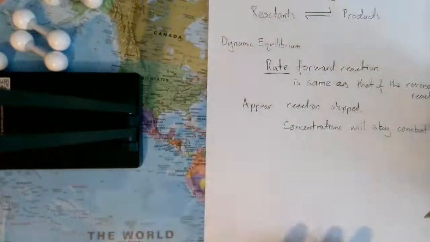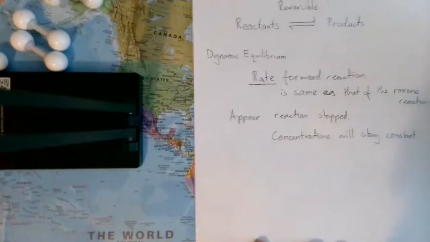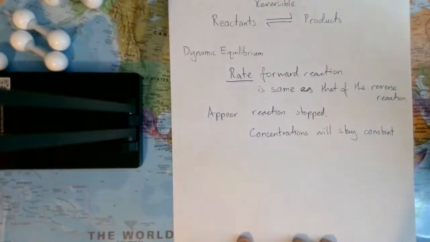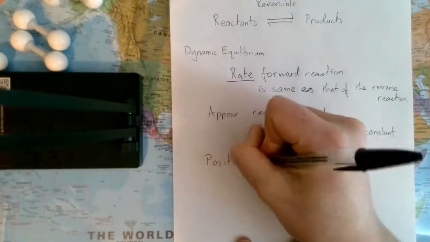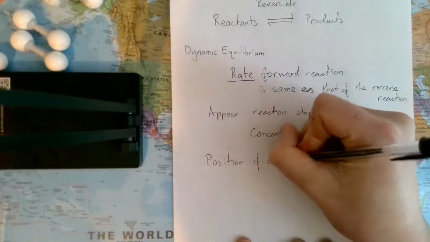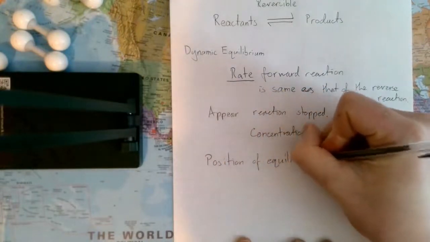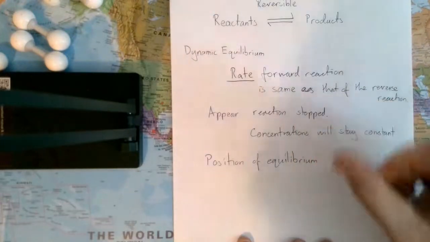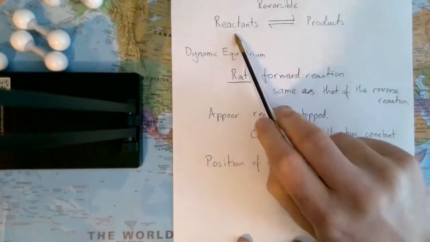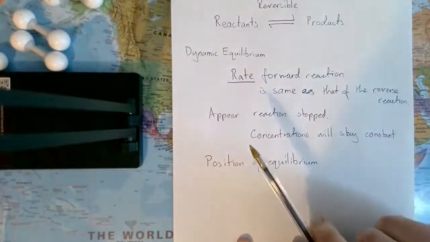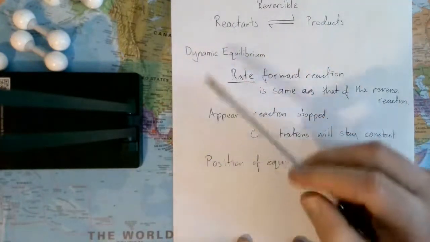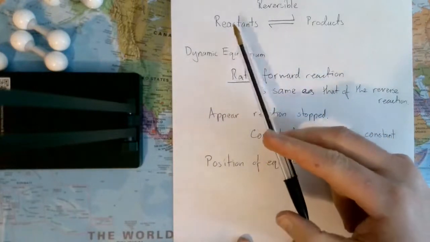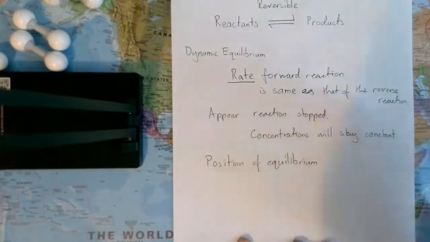Okay, now there's a couple of key terms that you need to understand for this as well. The first is position of equilibrium. And this simply means how far to the left or to the right this equilibrium is. So I picked 40% here, but it can range from anywhere from absolutely tiny all the way up to 99.999.